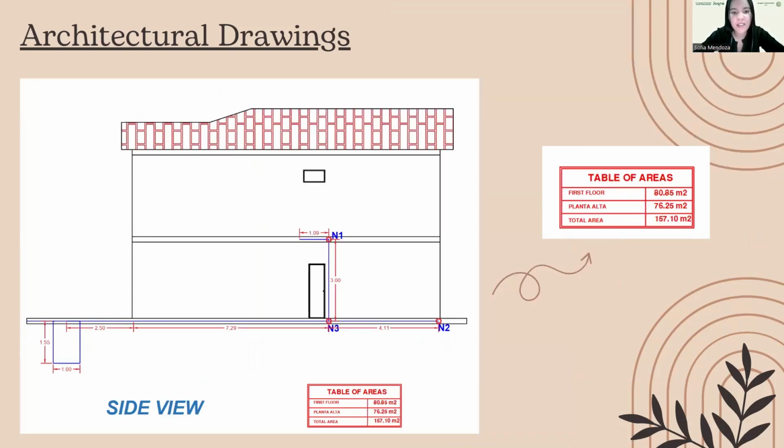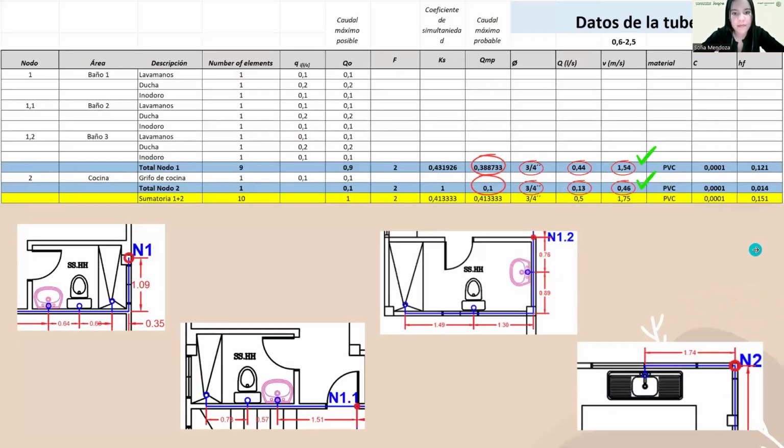Next, a longitudinal view of the house with a total area of 157.10 square meters. Here, we see the nodes and subnodes mentioned earlier for the maximum probable flow rates of total node 1 and total node 2.